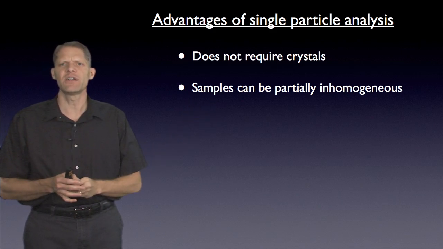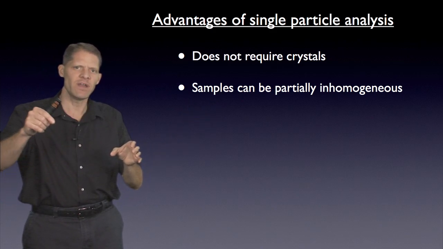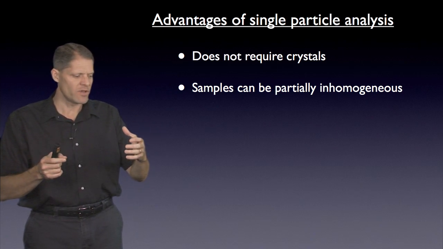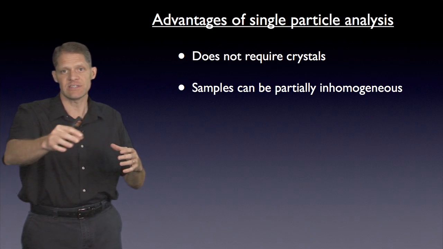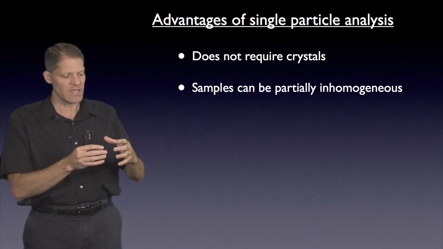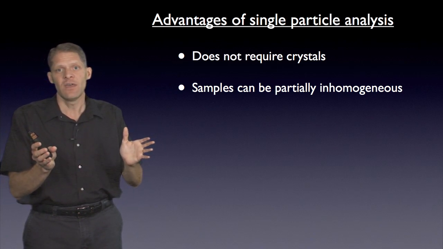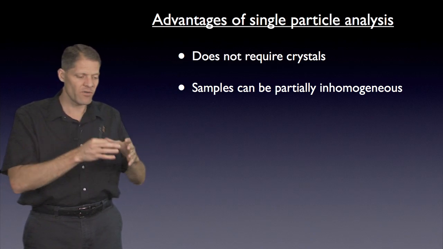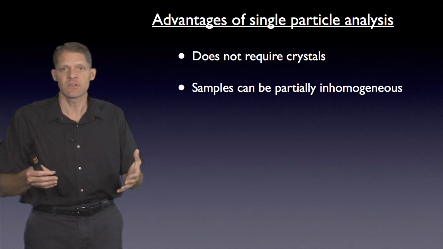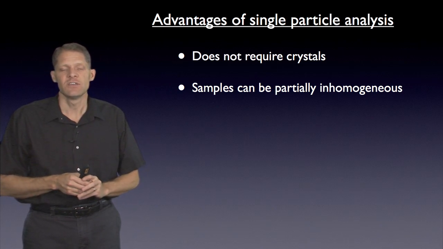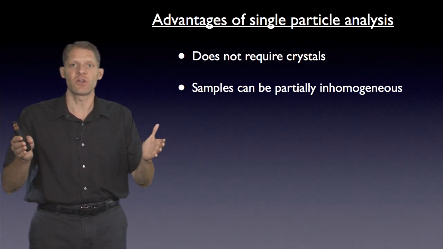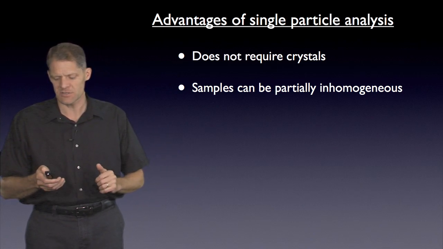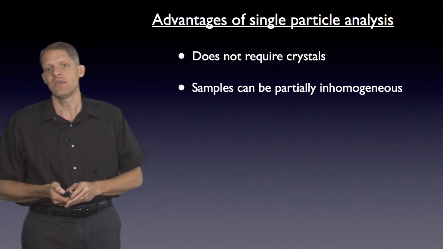As we'll talk more about later, because particles are imaged one by one in the ice, if you have a heterogeneous population of some particles with some impurities next to them, or perhaps particles in different conformational states, it can be possible at times for the computer to pick out which of all those particles are the ones of interest and produce reconstructions. Sometimes you can pull out multiple reconstructions from the same data set of each of the different conformational states of your particle, for instance. And so the samples can be partially inhomogeneous.